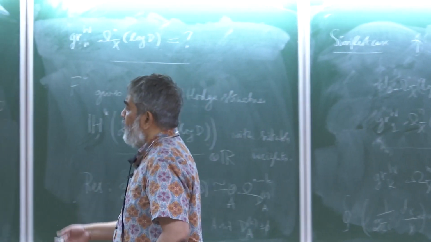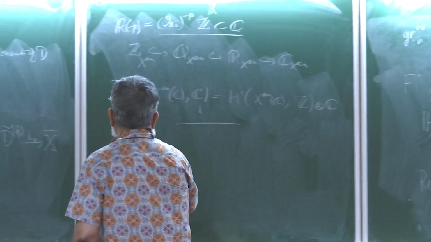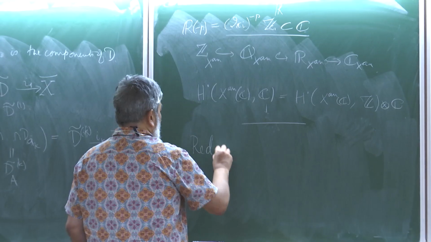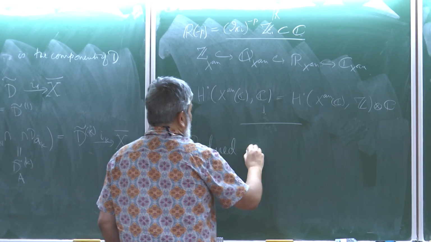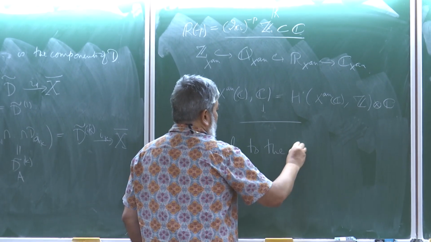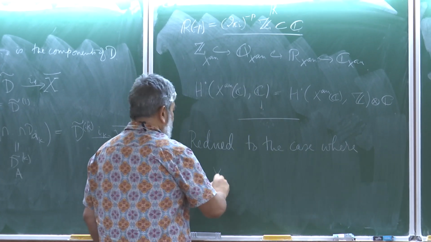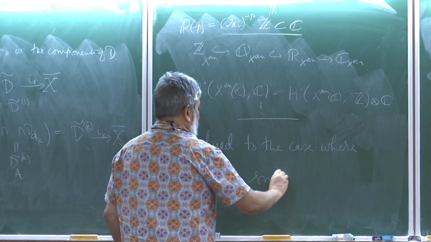So modulo all this, as I said, we reduce to X smooth projective.